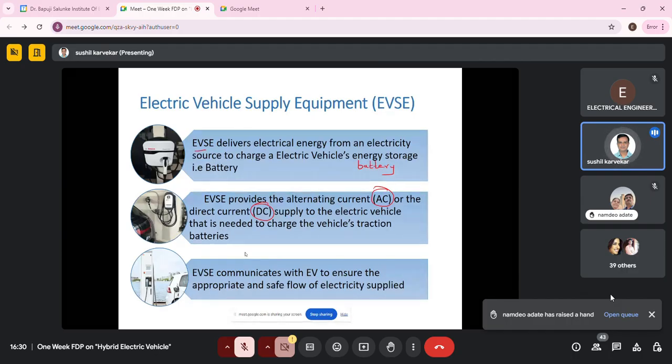It generates plenty of handshaking signals, and it tells us whether the vehicle is being charged properly or not. If there are any fault conditions, it will stop the charging. If the vehicle is being charged, it will also indicate how much time is required for charging the battery, so how much remaining time is present. All these things will be communicated in real time by the EVSE.